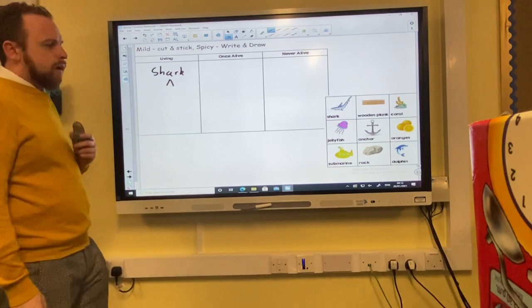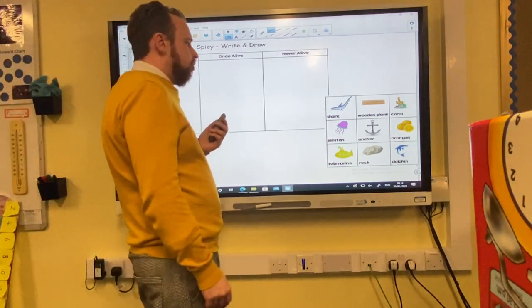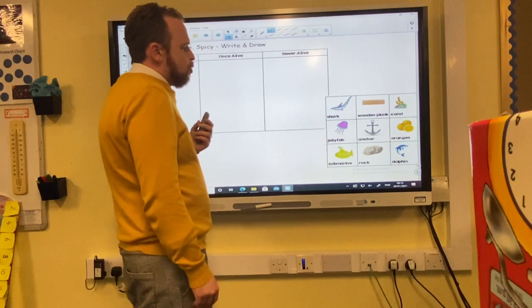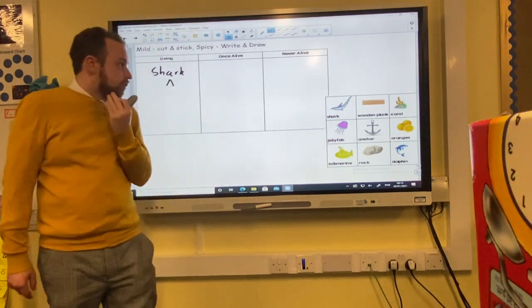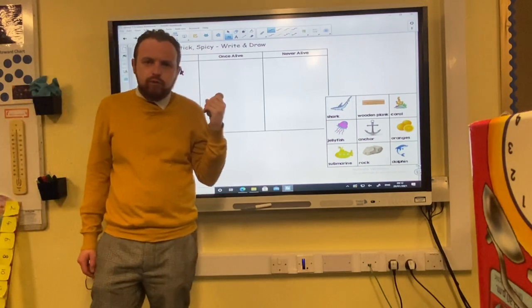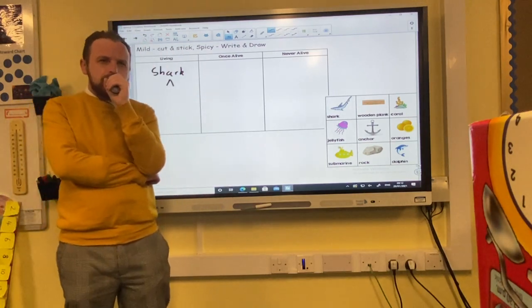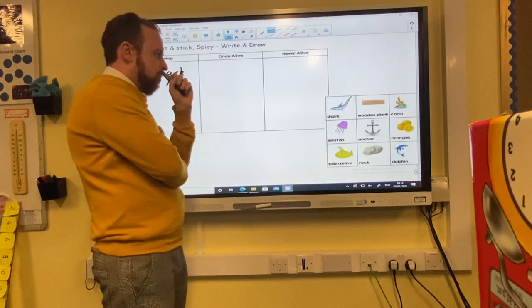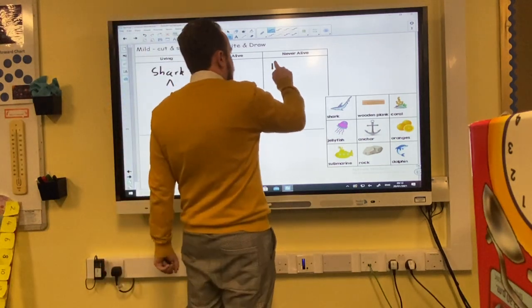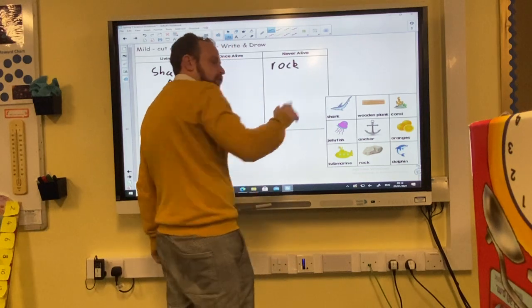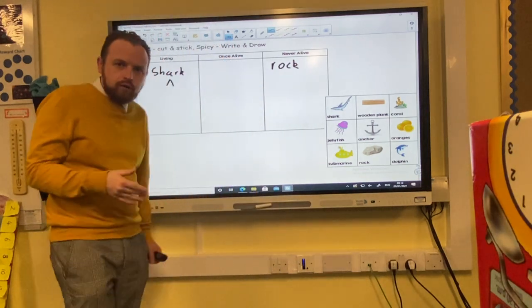Okay, let's go on to the rock. What do we think about the rock? Is the rock something that's living, once alive, or never alive? Have a little think. Well, for this one, I'm going to put never alive, okay? Because a rock certainly doesn't move, produce waste, create new life, and so on, okay?